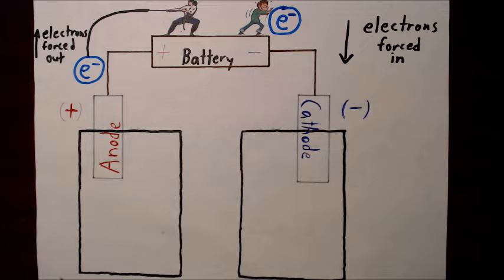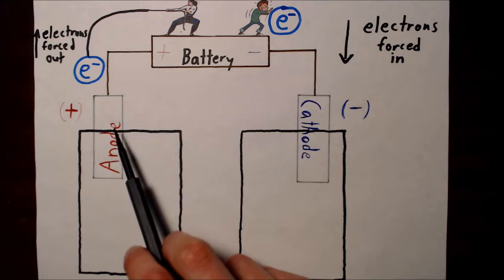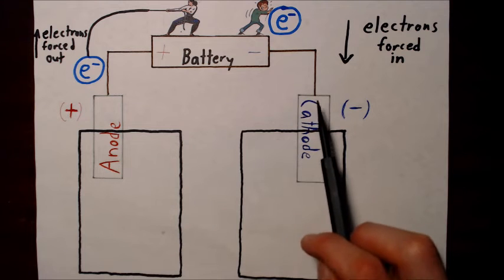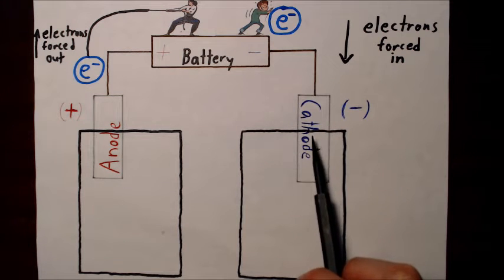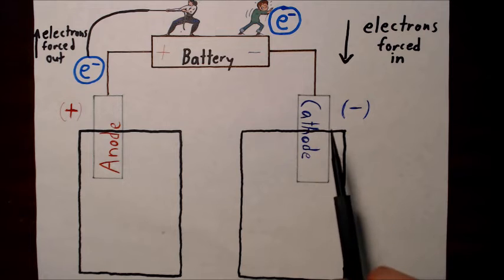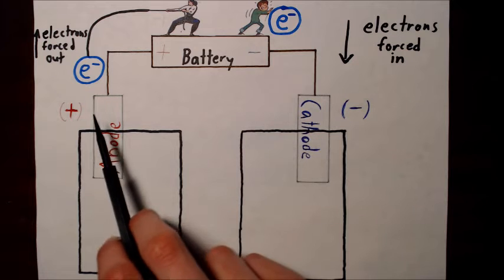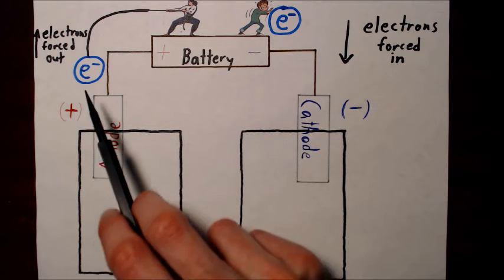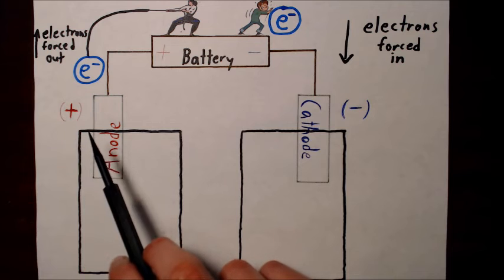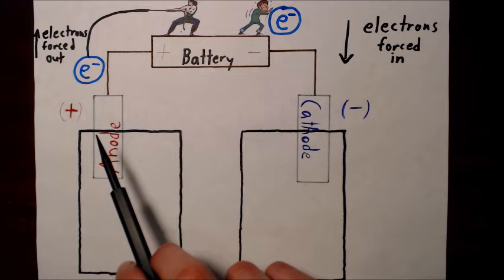So basically, we want the substance that naturally tends to lose electrons to instead receive electrons and serve as the cathode in our electrolytic cell, and the substance that tends to gain electrons to instead lose electrons and serve as the anode in the electrolytic cell.